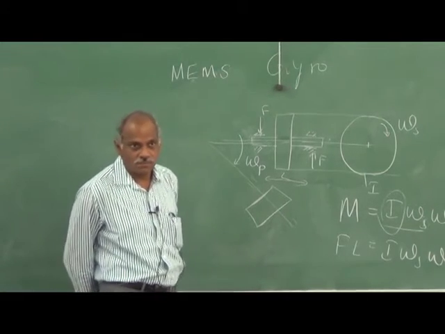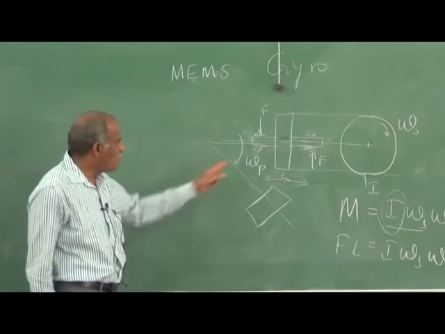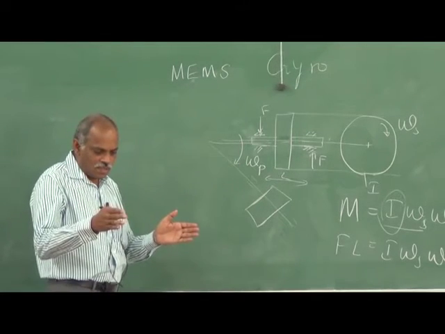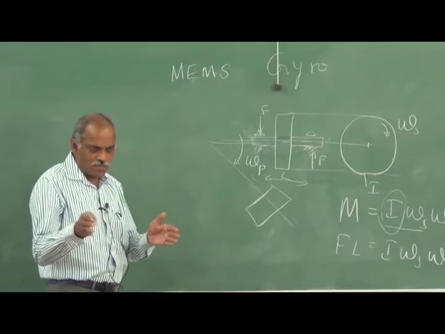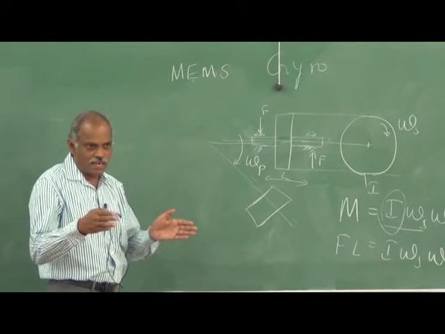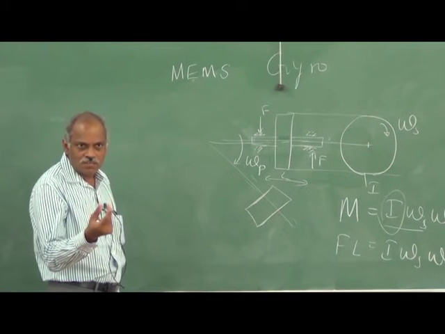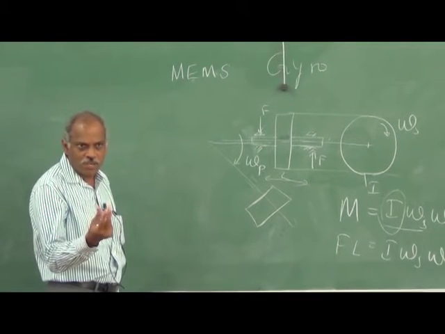Because you want to know omega p, the angular velocity at which the aircraft or spacecraft moves, and what is the smallest angular rotation it can measure.